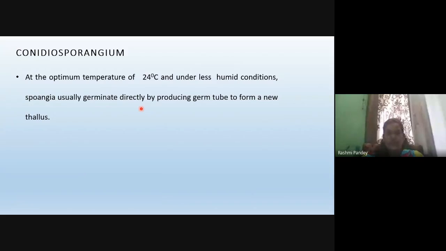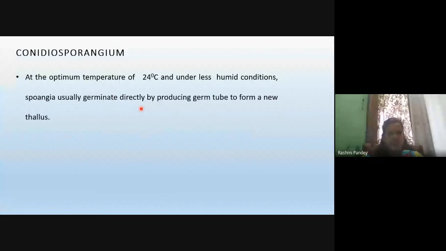conidiosporangium. Instead of giving rise to different kinds of spores, if you don't have the conditions and suddenly the heat increases, there won't be any humid conditions, we need to survive in such conditions. The sporangia, the sac which should have spores which have not yet matured to be liberated, itself gets converted into a new fungal organism. So that's why that kind of sporangia will be called the conidiosporangia.